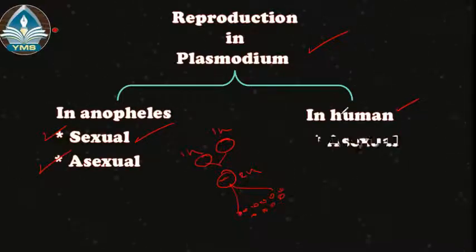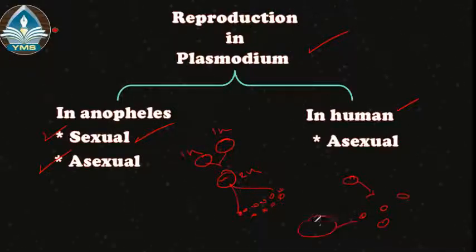Let's come to the human. We have only asexual. When these sporozoites go to the liver and give us merozoites, and these merozoites go to the red blood cells, they produce merozoites and gametocytes, and this is also asexual because fertilization doesn't take place.